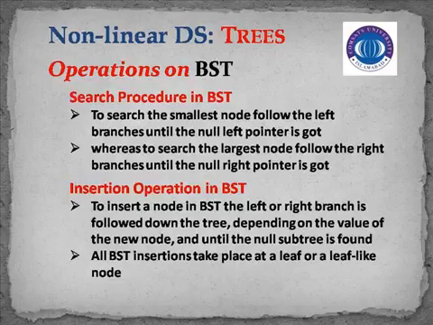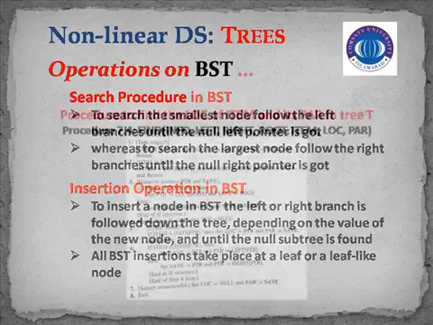To insert a node in the BST, the left or right branch is followed down the tree, depending on the value of the new node and until the null subtree is found. Almost all BST insertions take place at a leaf or a leaf-like node.